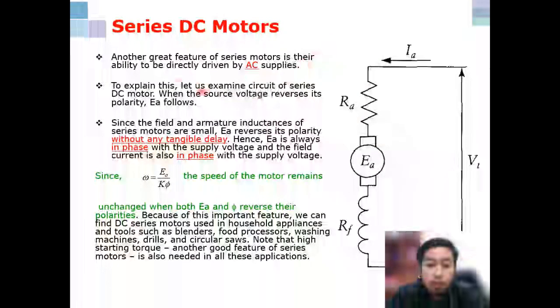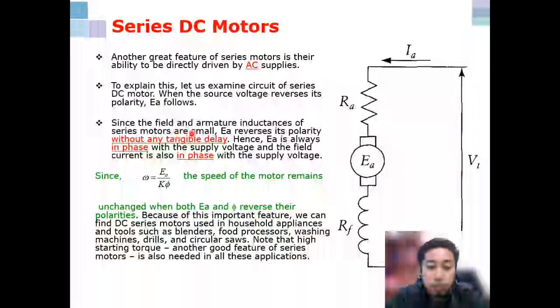Another great feature of the series motor is the ability to be directly driven by the AC supply. To explain this, let us examine the circuit of the series DC motor when the source voltage reverses its polarity.